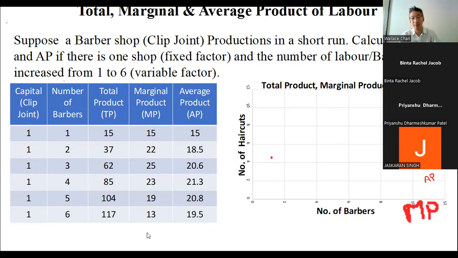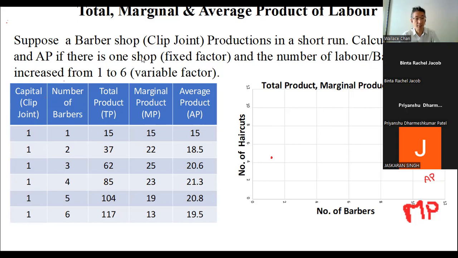This is the factor that can be changed in the short run, because the number of barbers is not a fixed factor. Calculate TP, MP, and AP if there is one shop, one fixed factor, and the number of barbers increases from 1 to 6.